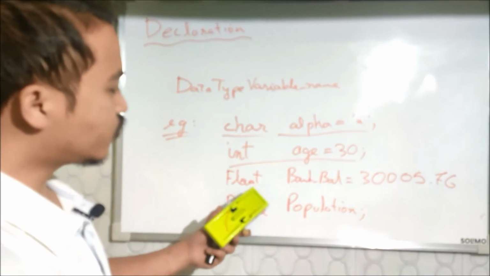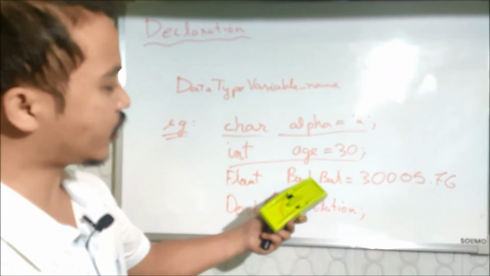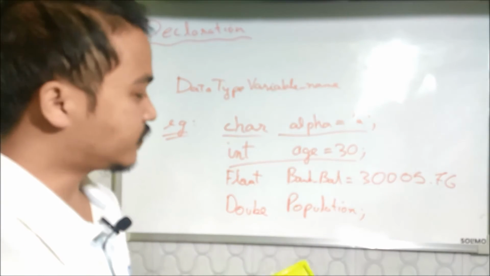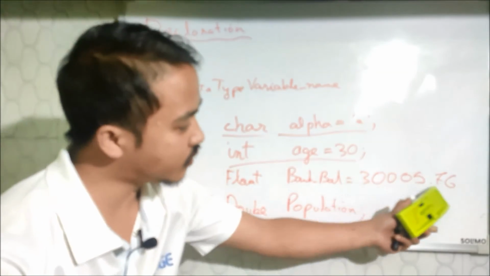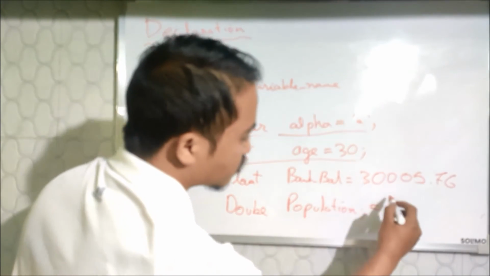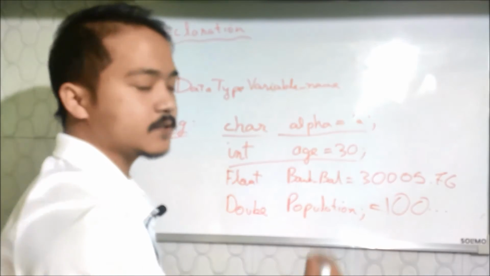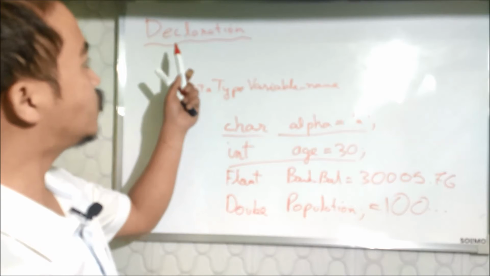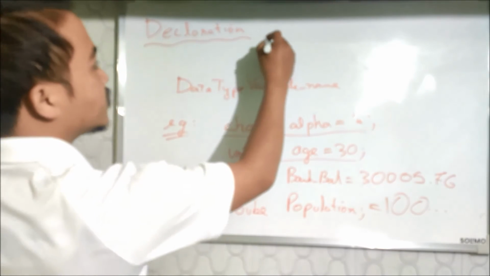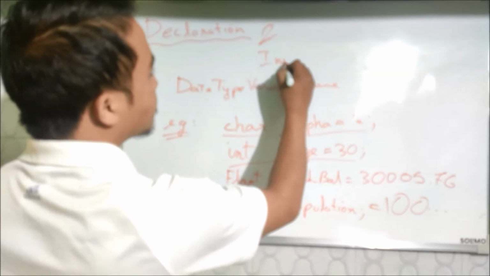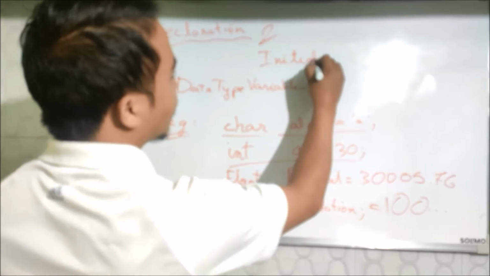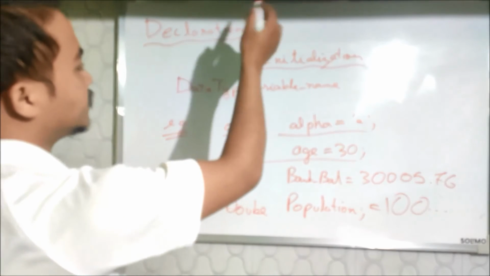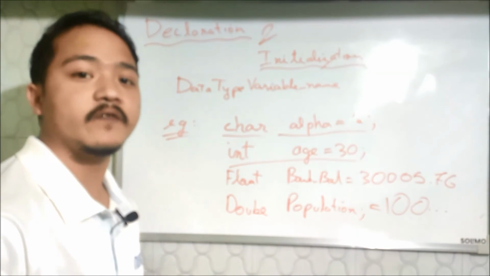So if you want to initialize a floating point variable, you write the data type, the variable name is bank balance, and you store it like this. And double, you can store a very large number in double. So this is declaration and initialization of a variable.